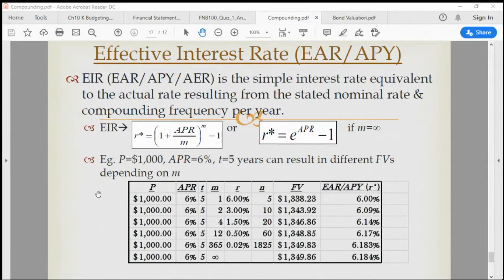And I also told you that both scenario 1 and scenario 2 are exactly the same analogies for zero coupon bond and coupon bond, right?